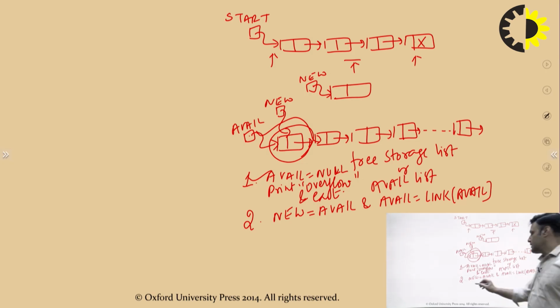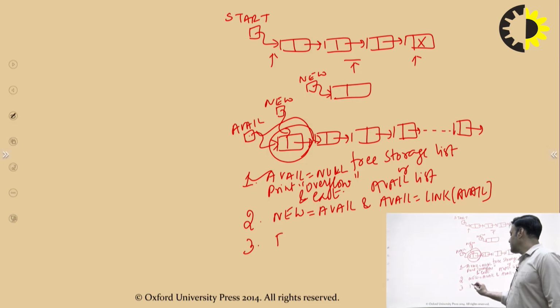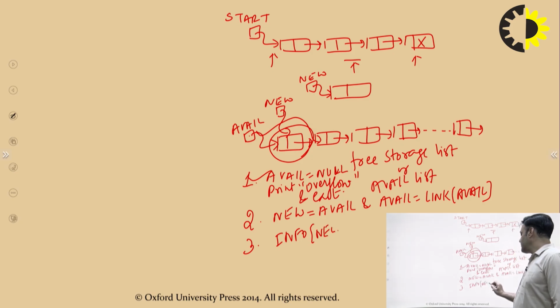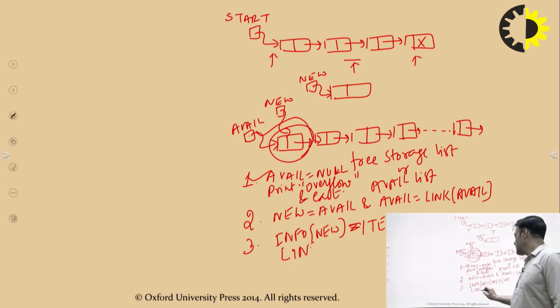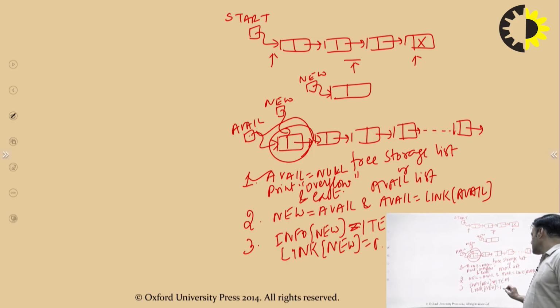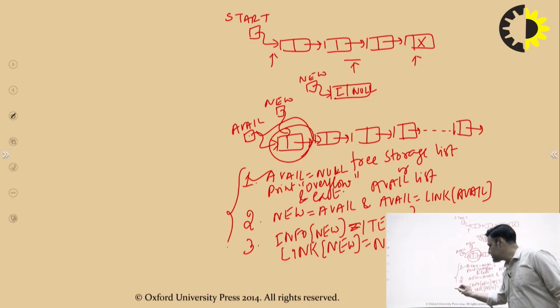Number three, the information part of this new will have some item, we will insert some item I, and the link part of this new will have null. So these three steps are common for all the insertion algorithms.